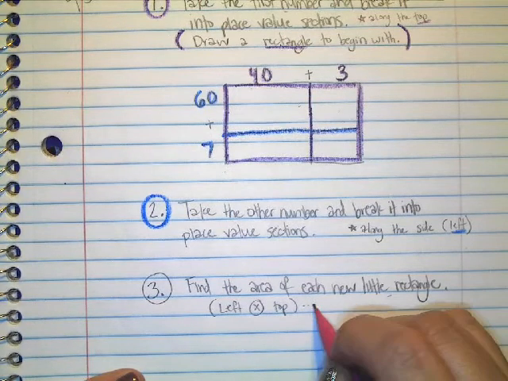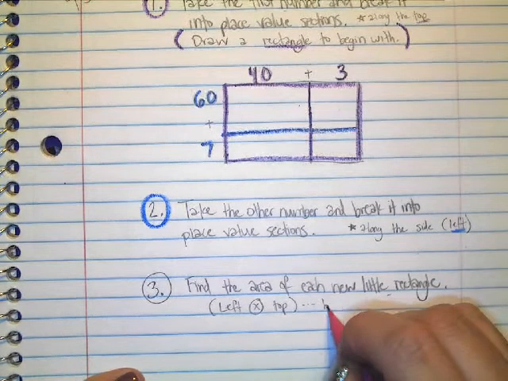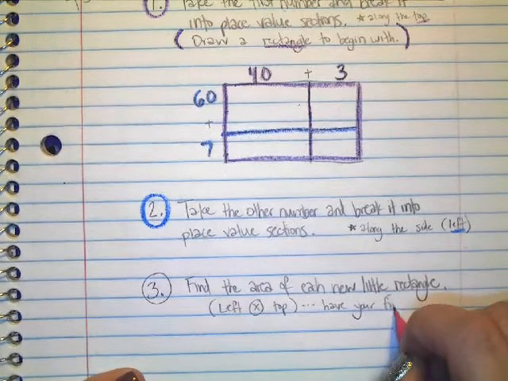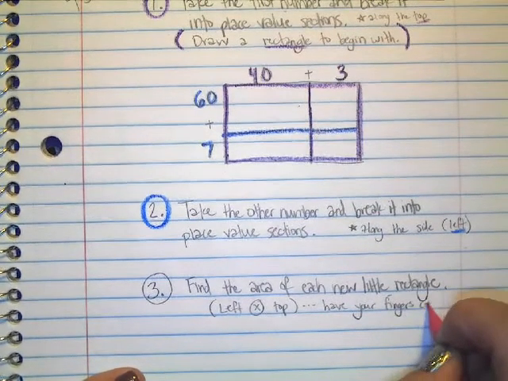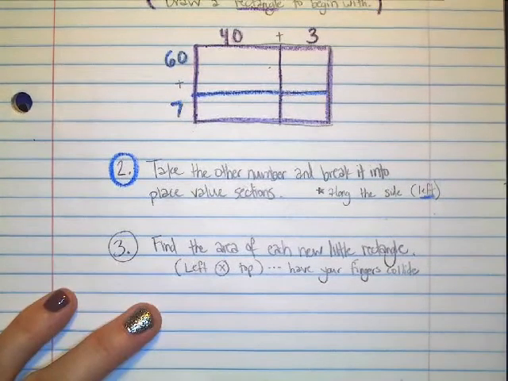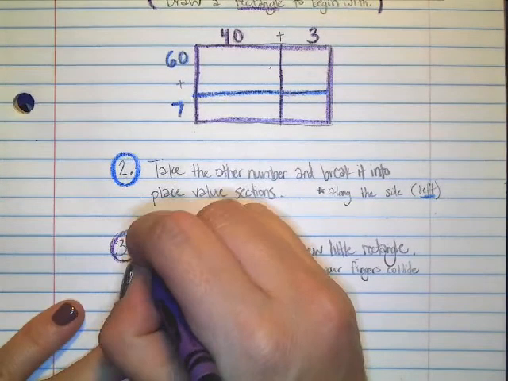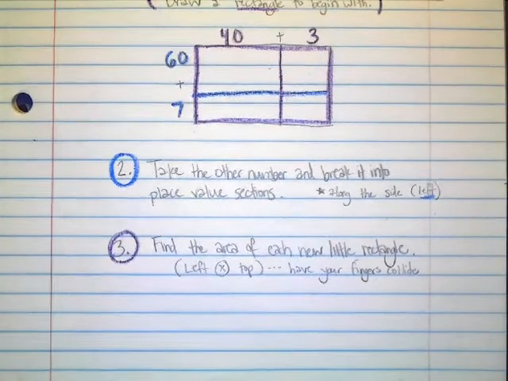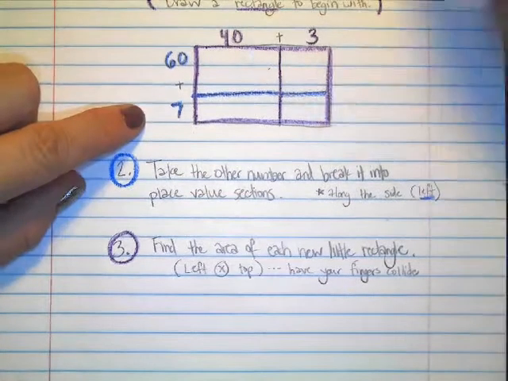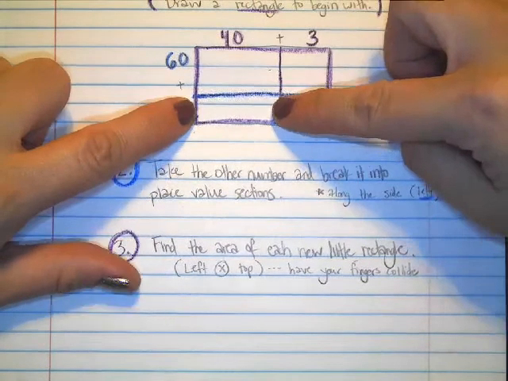Left multiplied by the top. I'm going to write have your fingers collide. You'll know what that means because we just learned that. So find the area of each new little rectangle, left times the top, and have your fingers collide.